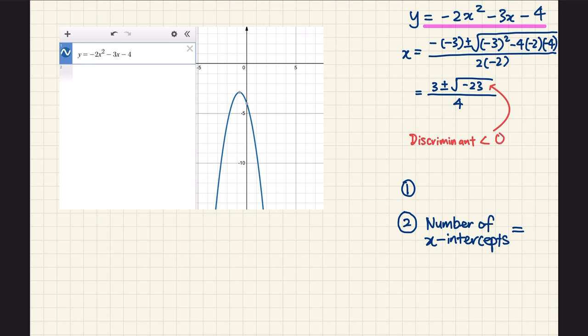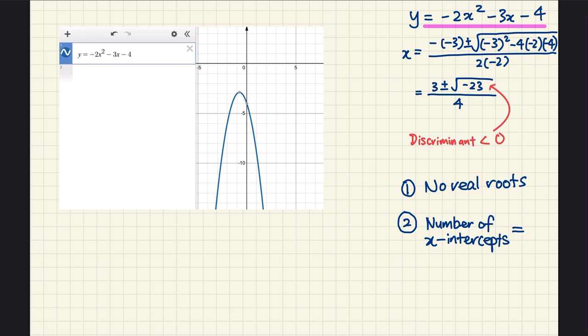We know that we cannot take the square root of a negative number, so we're not going to be able to find a real solution. Therefore, we conclude that if we try to solve this quadratic equation, we will have no real roots.